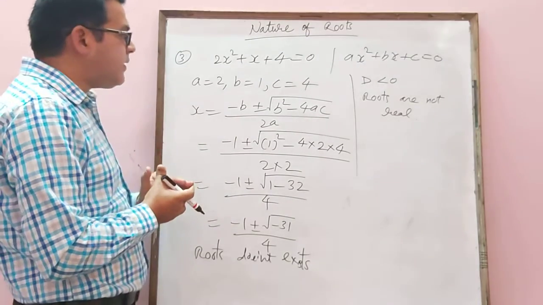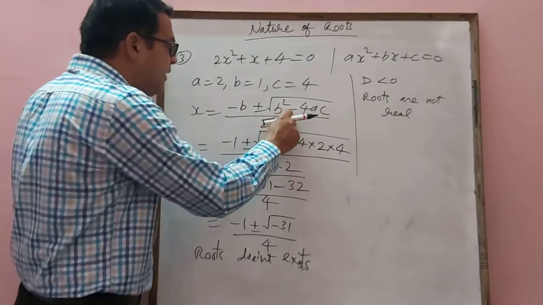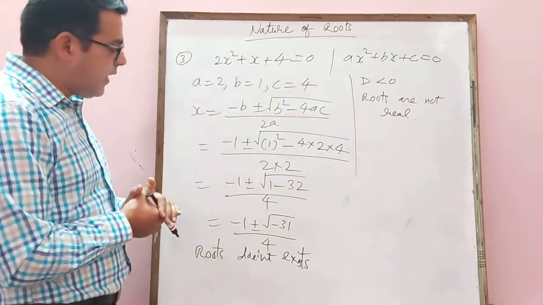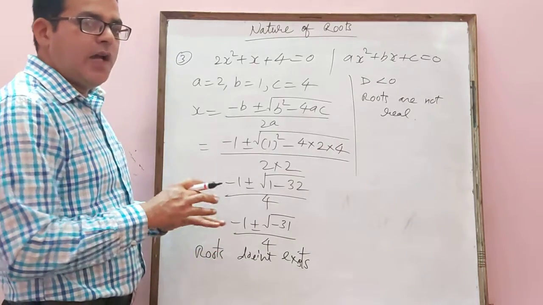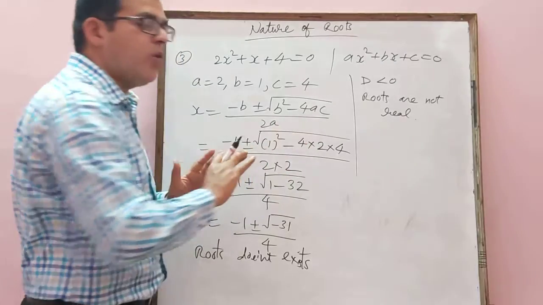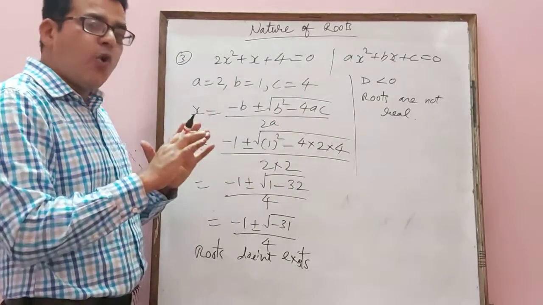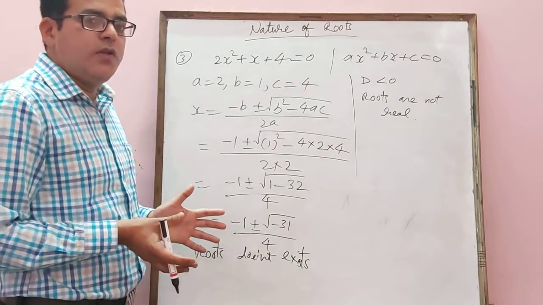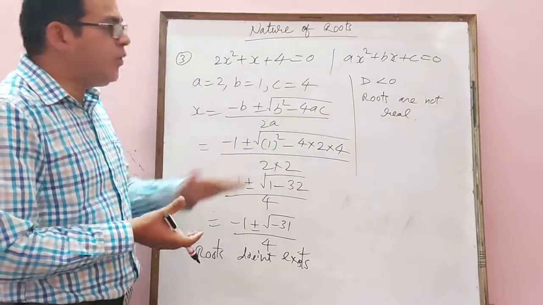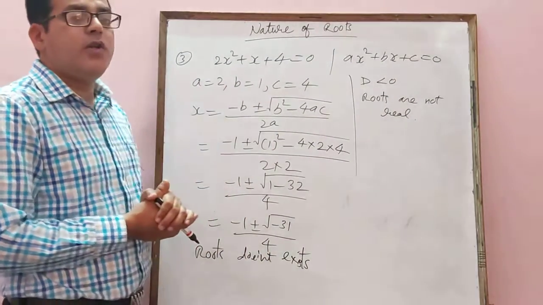In third case, if the value of discriminant is negative or less than 0, in that case we are unable to find roots. So we can say that roots are not real because we are not getting any number as a root. We don't know how to simplify it, how to solve it. So roots are not real.